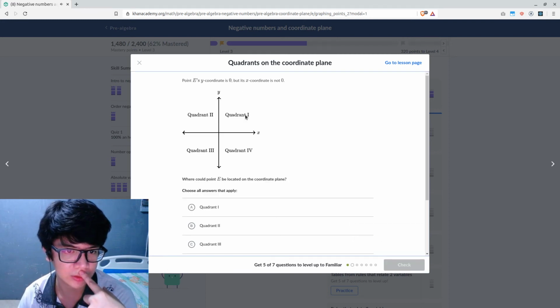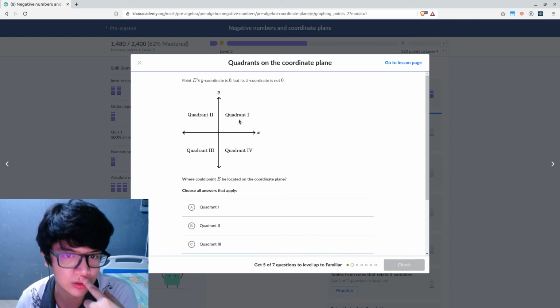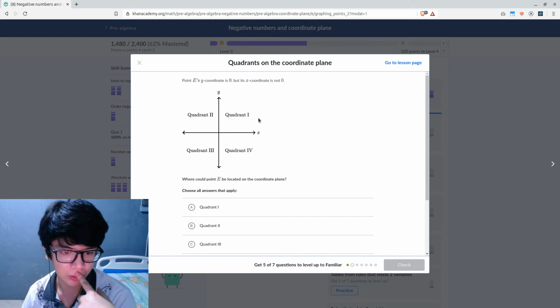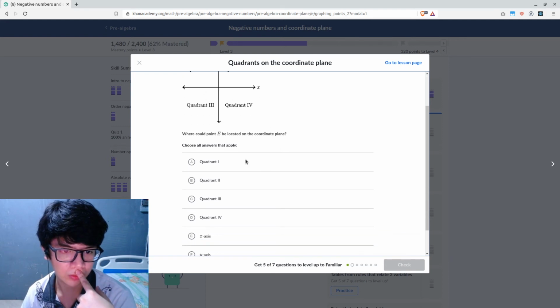The y coordinate is 0, but the x coordinate is not 0. It's on the x-axis.